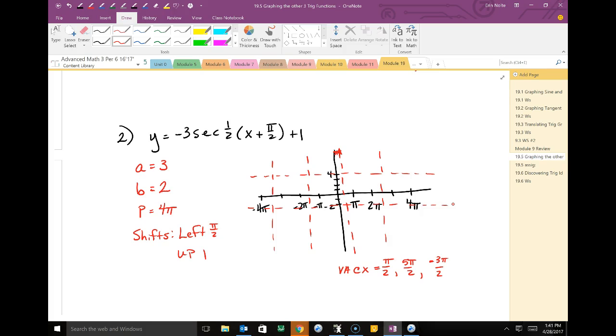Well, if my function has been flipped over the x-axis, this parabola is going to go upside down and exist underneath my lower amplitude line. And then they just alternate just like they did before. So it's going to look like that. Does that make sense?